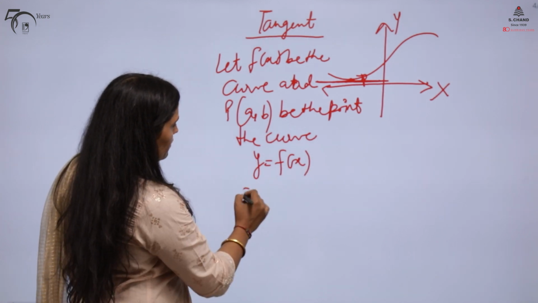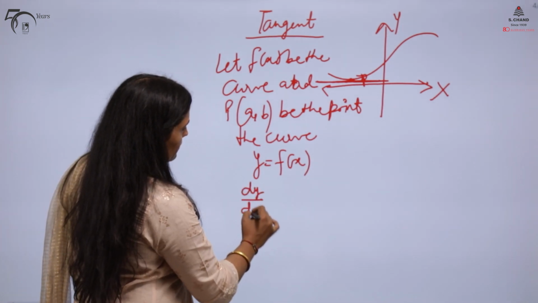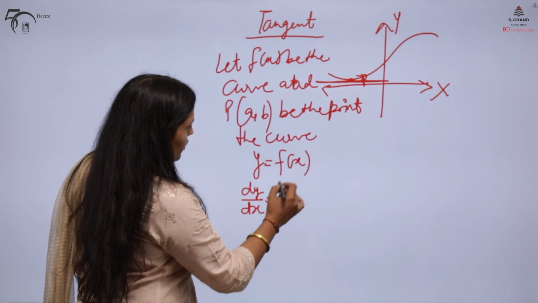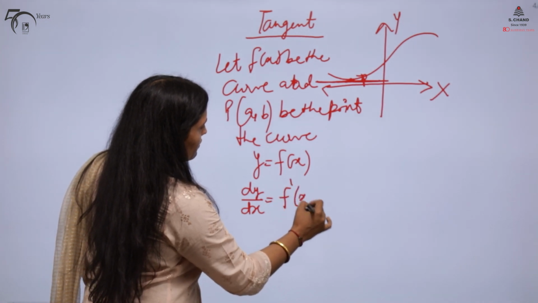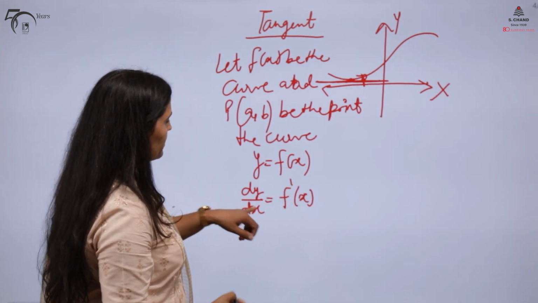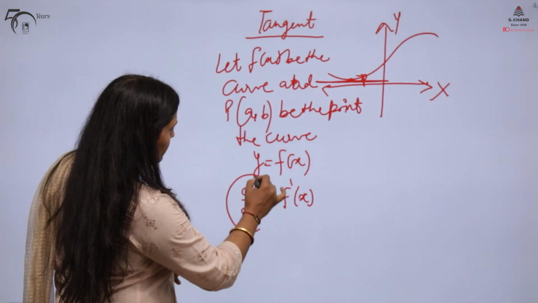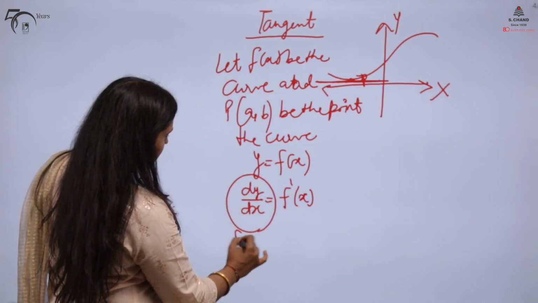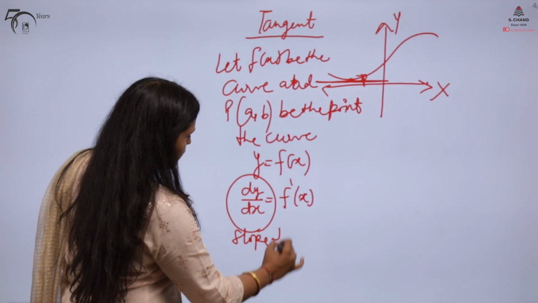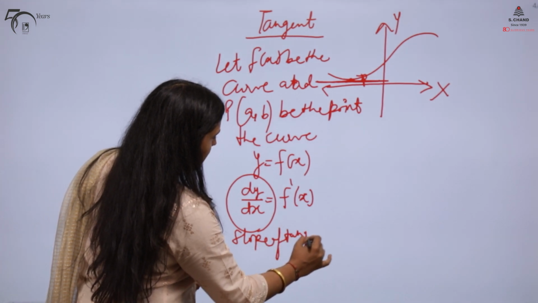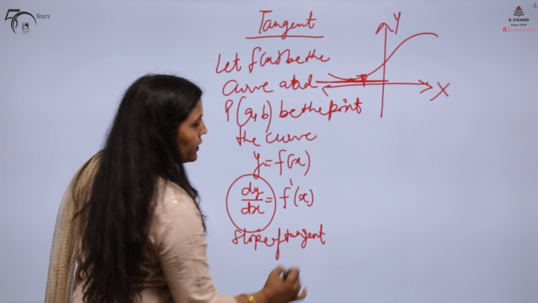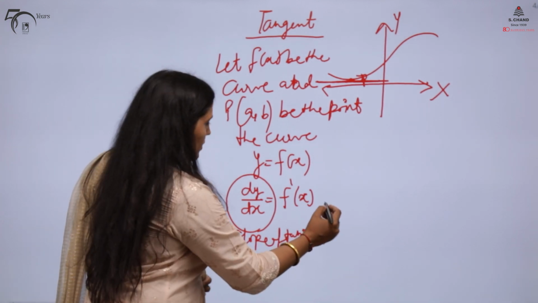The first derivative dy/dx of this function, that is f'(x), which you can also use, is basically the slope. This gives you the slope of the tangent. What does slope mean? It means what angle the tangent is making at that point.